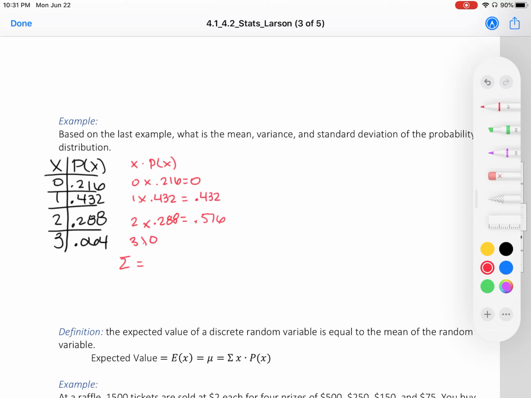And 3 times 0.064, and we get 0.192. All right, then we wish to add these outcomes. Once we add them, we get a number, and that is our mean. Our mean is 1.2.